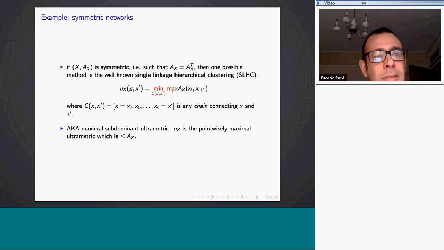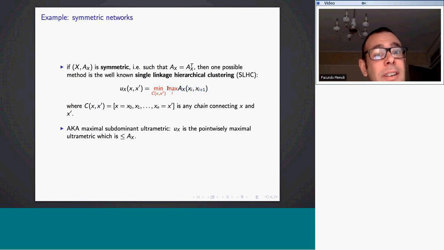You consider nodes x and x prime and all the chains, or sequences, starting at x, then going to some x2, etc., and ending at some x_n, the final point in the sequence, where you reach x prime. For each chain C, you take the maximum dissimilarity between any two consecutive nodes. That's the quantity in blue right now.